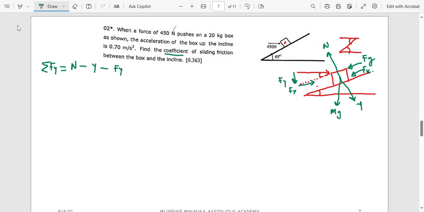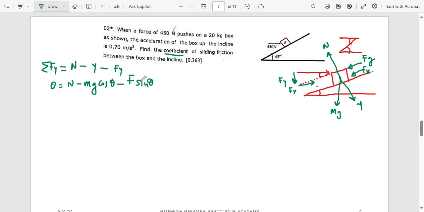This object isn't jumping up and down on the incline, so net force, remember, is given by mass times acceleration. So the acceleration is going to be 0 in the y because this object is not moving in the y. So 0 is equal to N minus that downward component. But remember, how do you find it? It is given by mg cos theta. And how do we find Fy? The y component of a force is given by force sin theta.